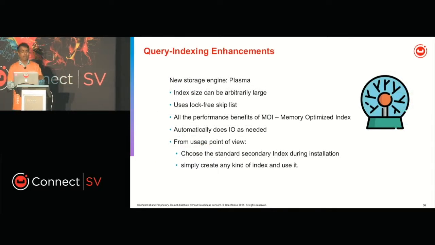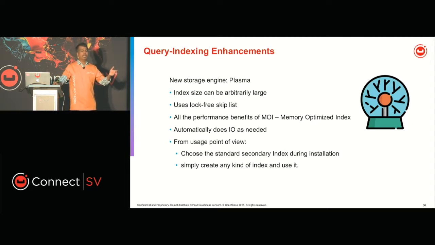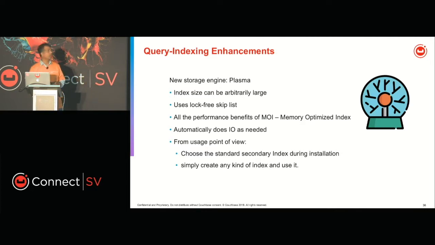Okay, in terms of the storage layer itself, prior to 5.0, you had the ForestDB indexes as well as the memory optimized index. With memory optimized index, you had to keep everything in memory. ForestDB could support indexes that were larger than memory. Now with 5.0, we introduced the Plasma storage engine, which is a replacement of the ForestDB indexes and is much more powerful.